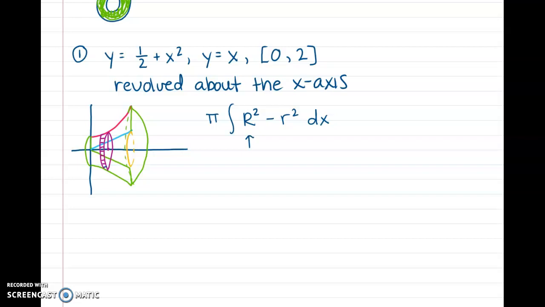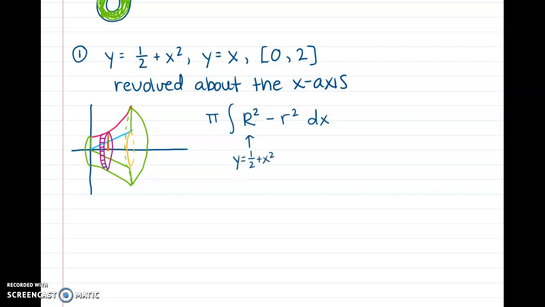Now if we look at our outside radius, we're going from here all the way out there, and that coralish line was 1/2 plus x squared. So that radius is y equals 1/2 plus x squared.